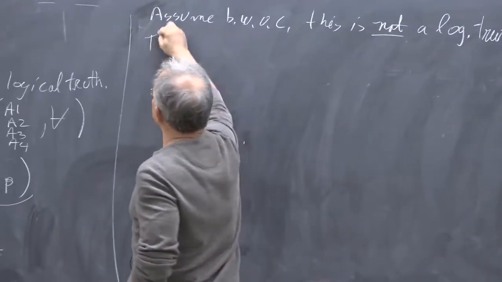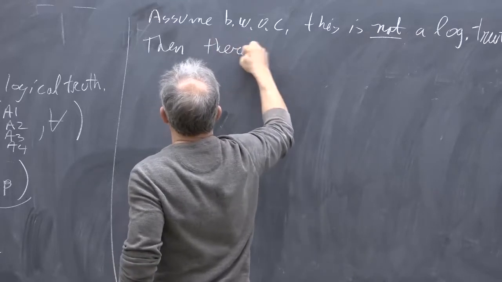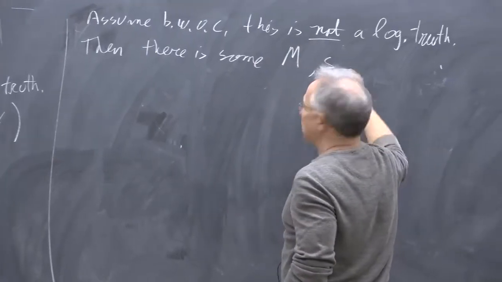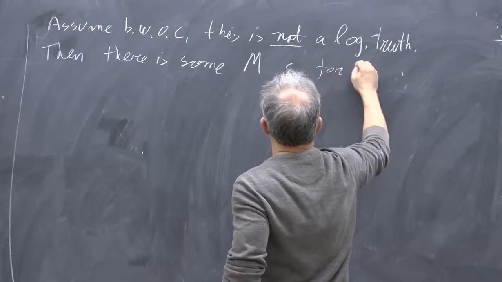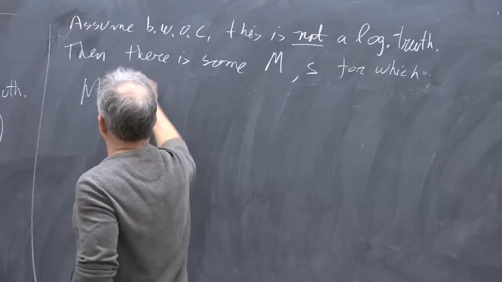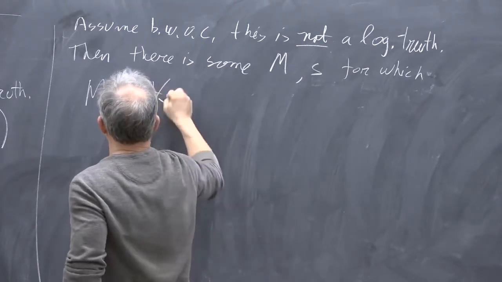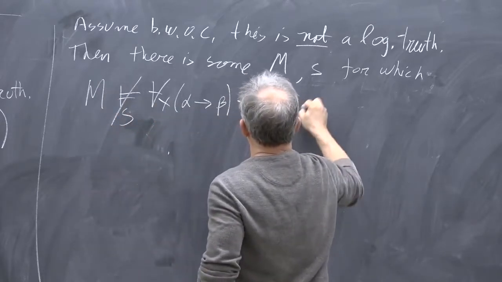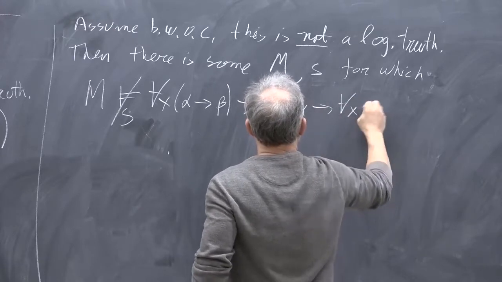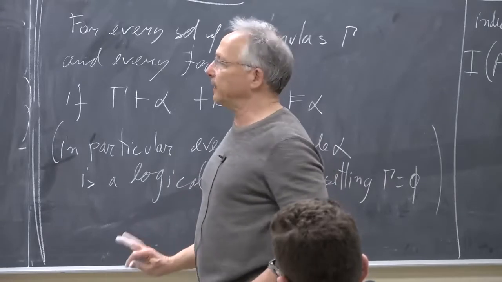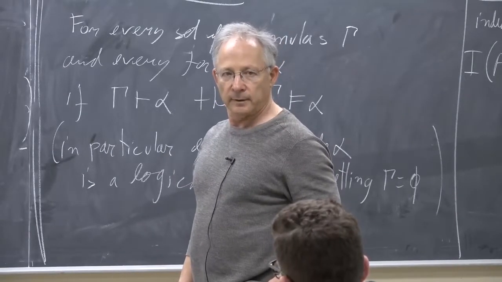Then there is some structure M and assignment S for which M under S does not satisfy my formula: for all X, alpha, arrows, beta, arrows for all X alpha, arrows for all X beta. If it's not a logical truth, there is a structure, there is an assignment that makes it false. Okay?